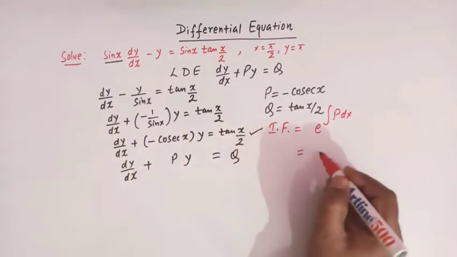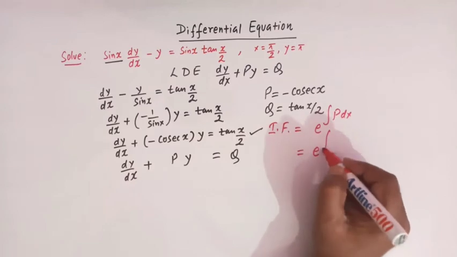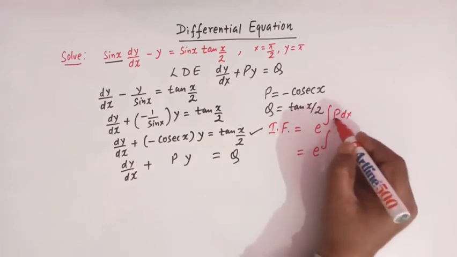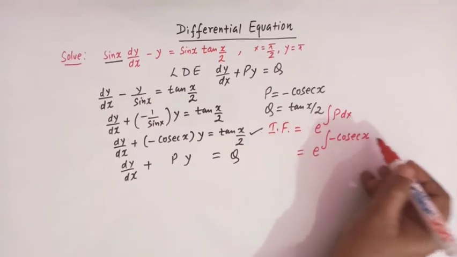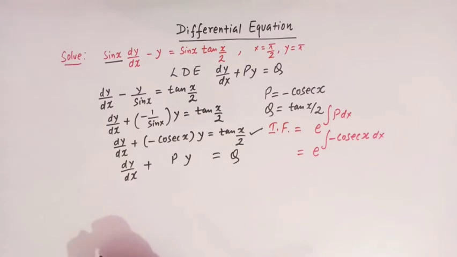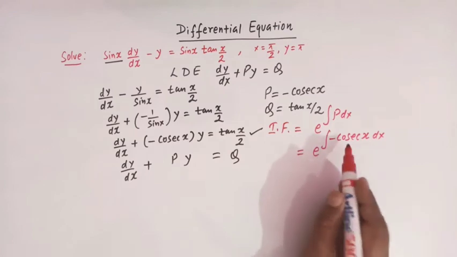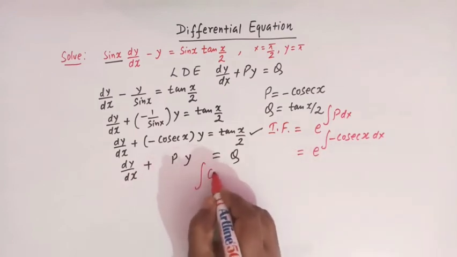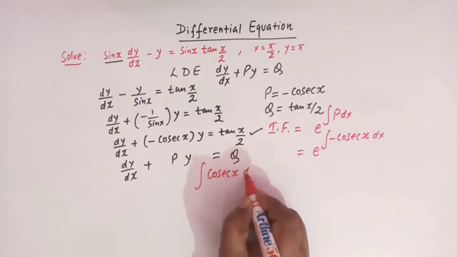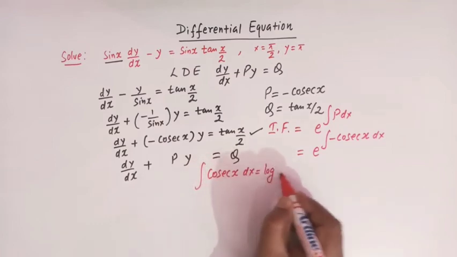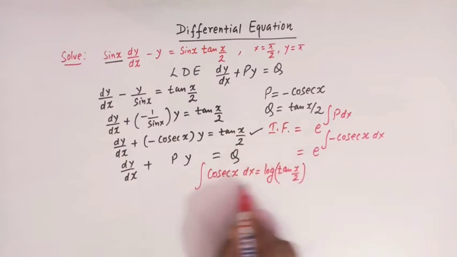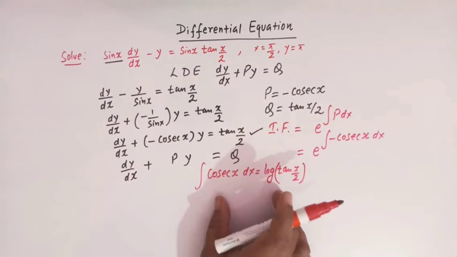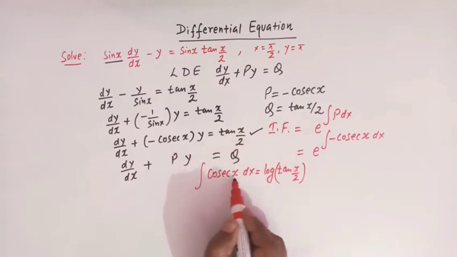So here we have e raised to the integral of minus cosec x dx. From the integrals, we know that the integral of cosec x is log of tan(x/2). This is the basic formula for the integral of cosec x.